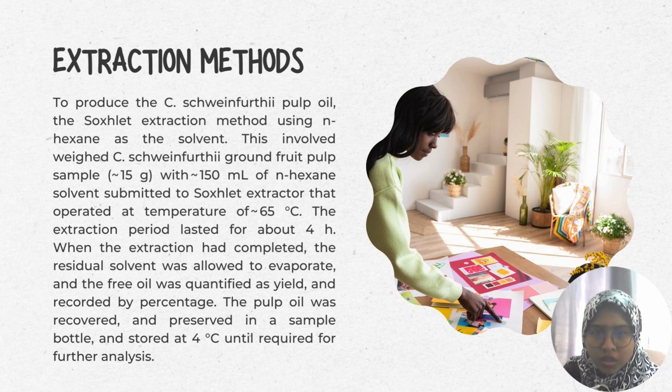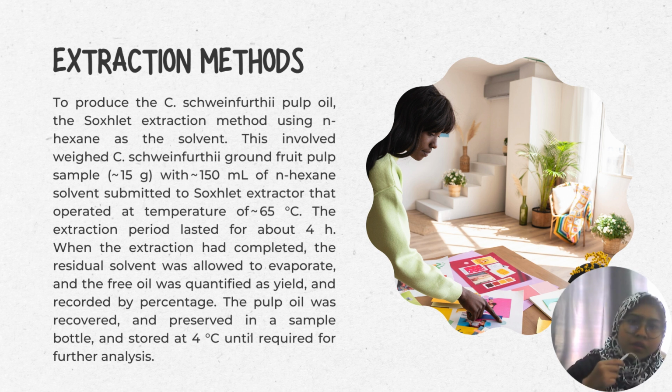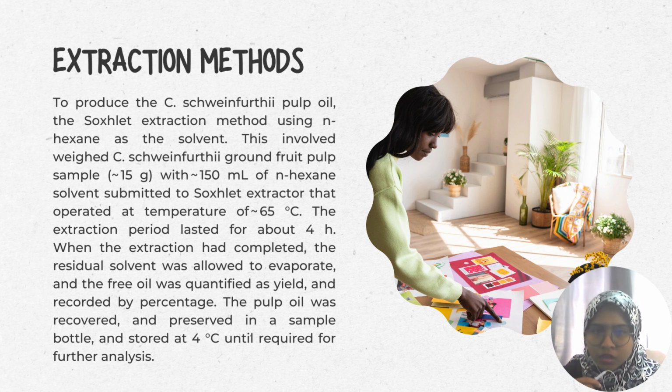The extraction period lasts for about 4 hours. When the extraction is complete, the residual solvent was allowed to evaporate and the free oil was quantified as yield and recorded as a percentage. So the pulp oil was set for the analysis.